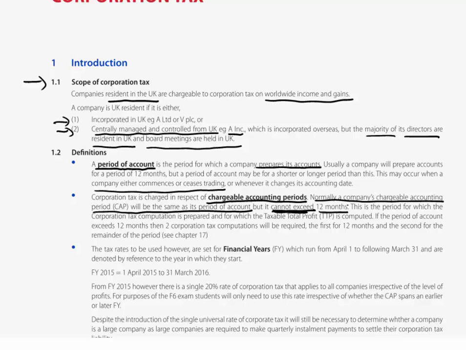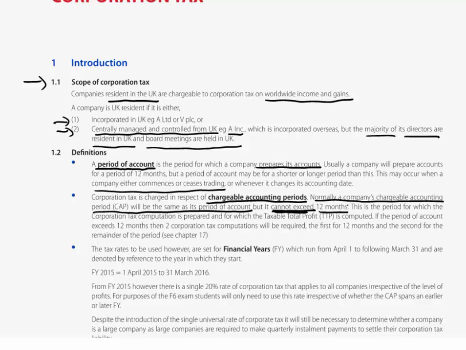So, if the period of account is for a 12-month period or a short period, no problem. The period of account becomes the chargeable accounting period, and for it we prepare the corporate tax computation. That means that from the statement of profit or loss, we'll prepare our adjustment of profit, and we'll also compute and deduct the capital allowances for the chargeable accounting period.